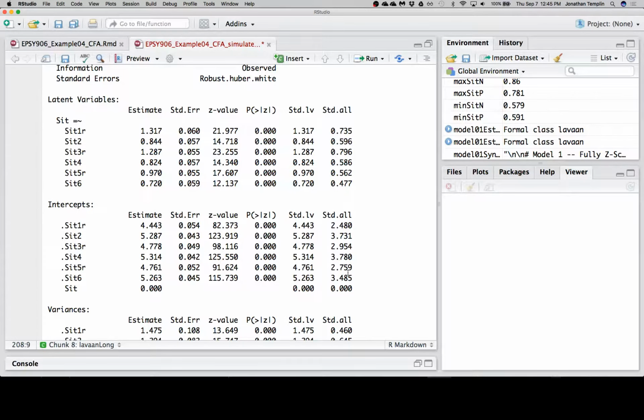What you're picking up on is that this first variable might have less variability than the rest, so it would look like a bigger increase. The way you tell which one is really stronger is std.all, because this assumes each of the variables has the same amount of variance. Looking at this is comparing apples to oranges, essentially. Whereas this provides a standardized metric, and the third one looks like it's the best.